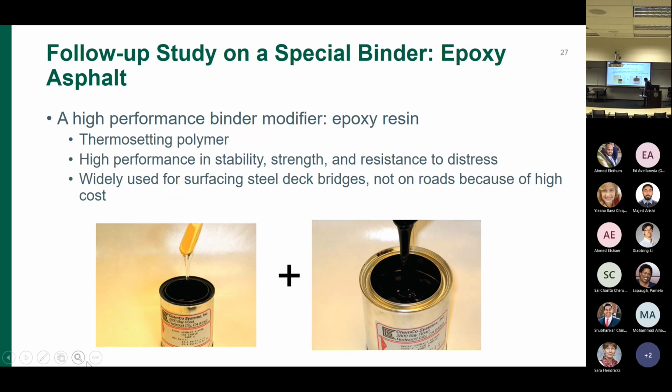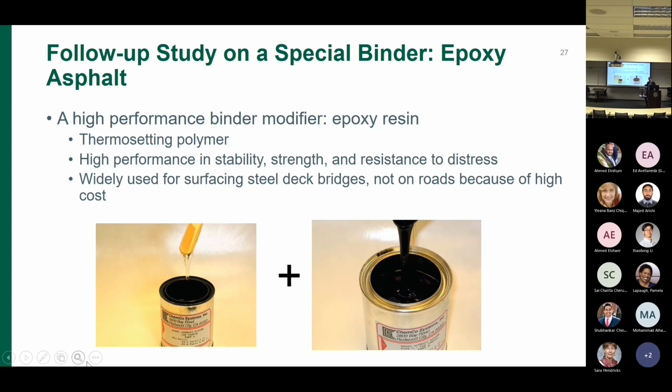Now, we extended our study to include a very special asphalt binder, which we call epoxy asphalt. Epoxy asphalt is very different from the regular asphalt binder in that it is a thermosetting binder, in that it reacts when the two components of the material are mixed, so it starts an irreversible chemical reaction.